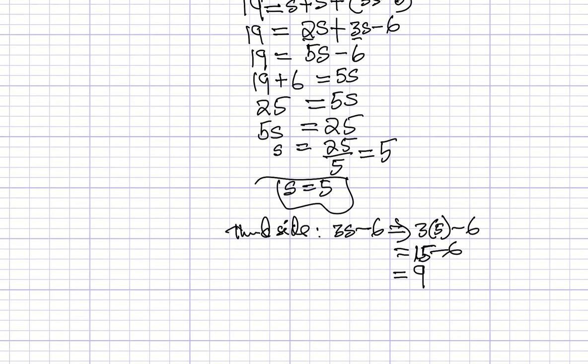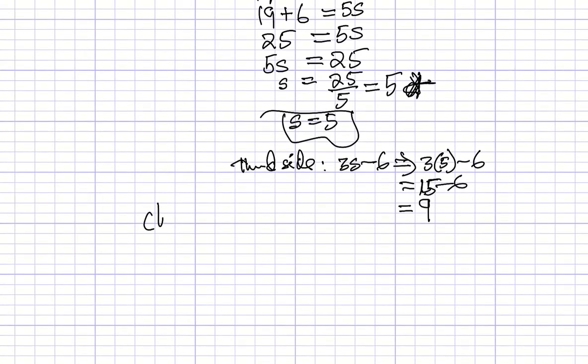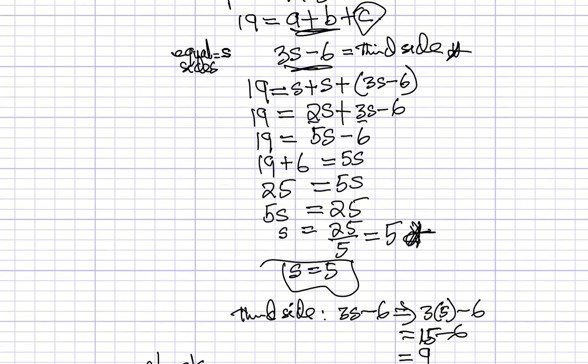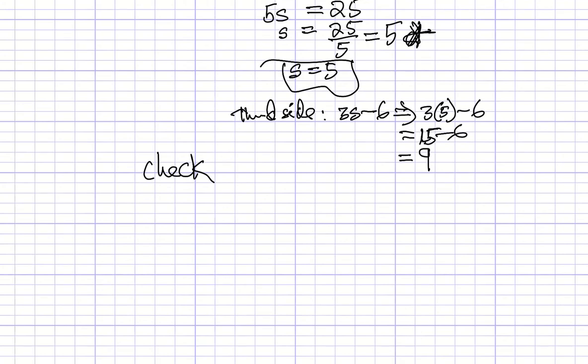So what that says, since two of these sides are equal, the S are equal, there are two of them, right? To check if we did anything wrong, you remember if you add the three sides, you get the perimeter. So S plus S plus the third side.